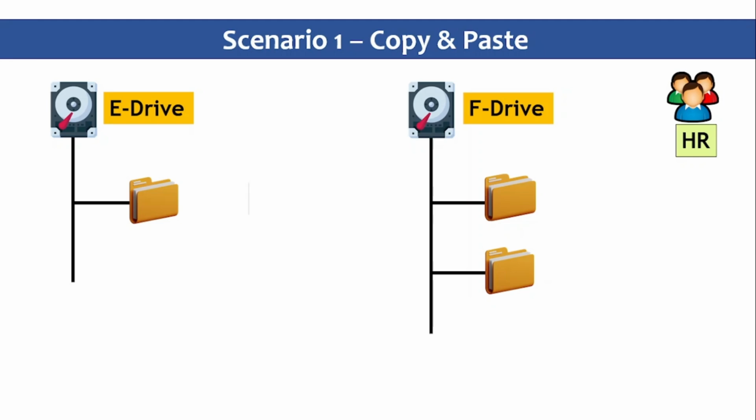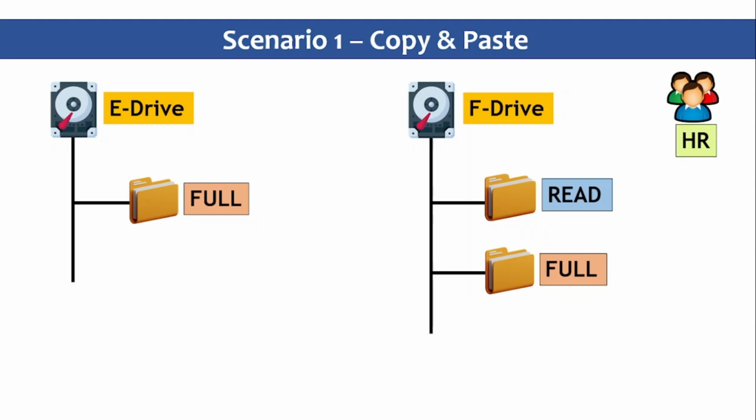This HR group has full permissions on the folder on the E drive, one of the folders on the F drive, and the HR group has read-only permissions on one of the folders on the F drive. So this is the current scenario.